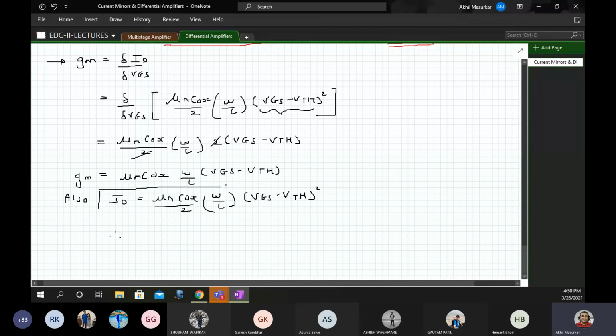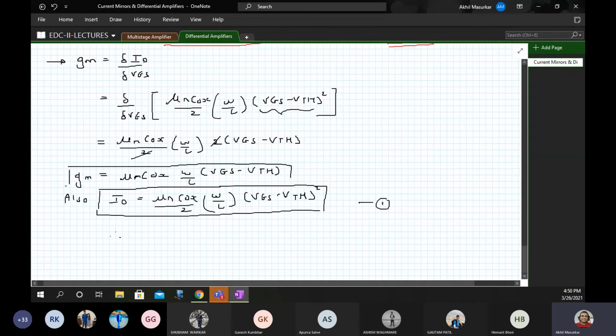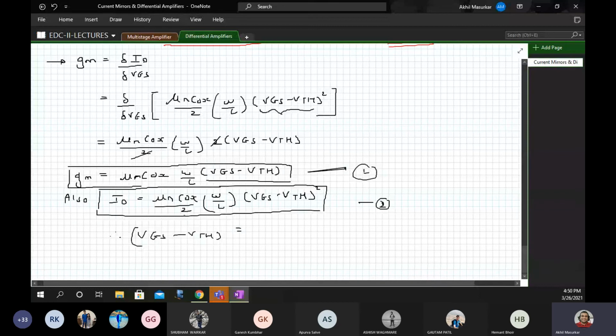Let me write the GM expression as equation 1 and this one as equation 2. From equation 1 we can write that VGS minus VTH is equal to GM upon mu n COX W by L. This is my equation number 3, and I will put it in equation 2.